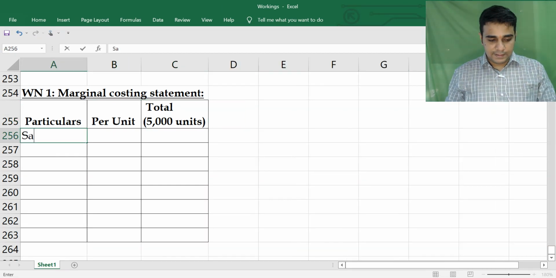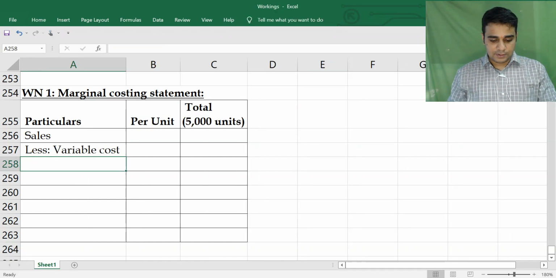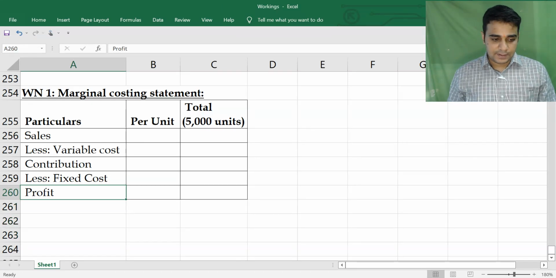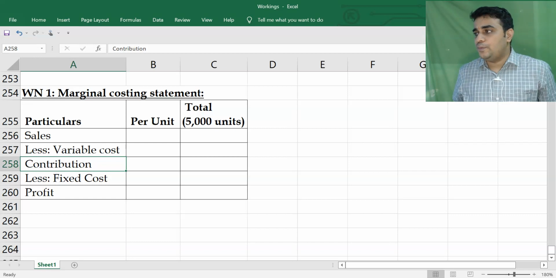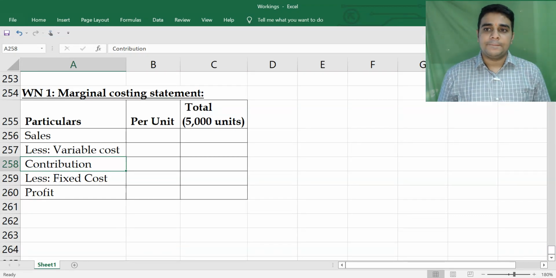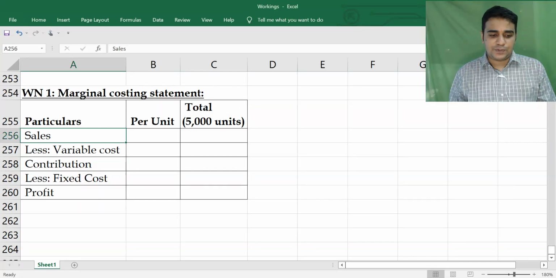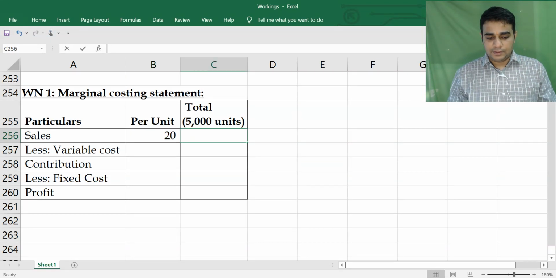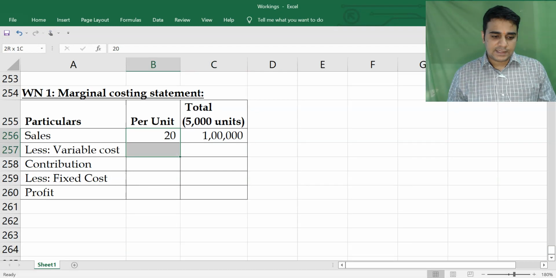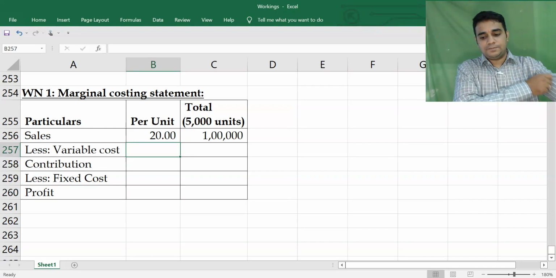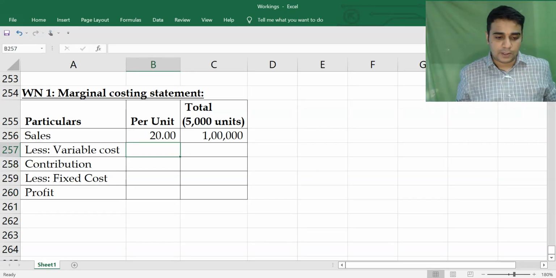Sales less variable cost, contribution, less fixed cost and profit. Selling price given in the question is 20 rupees into 5000 units.